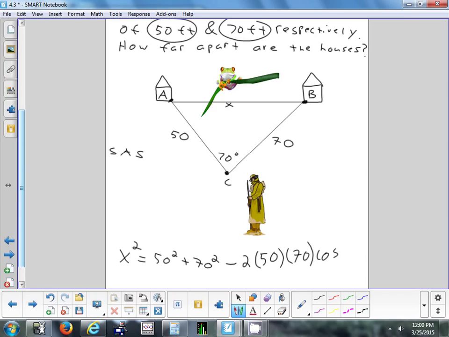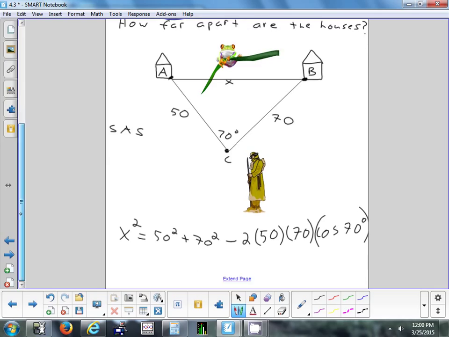Yeah. The cosine of the angle that's across from the side you started with. And that's it. That's our equation. So we just use our calculator and find x. Okay, I'll leave that part for you.